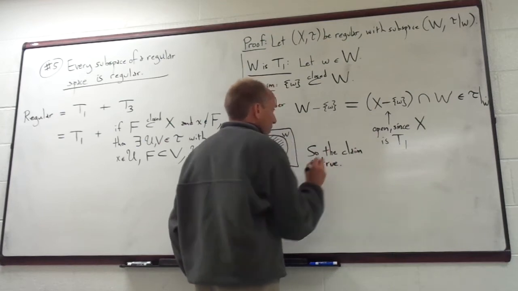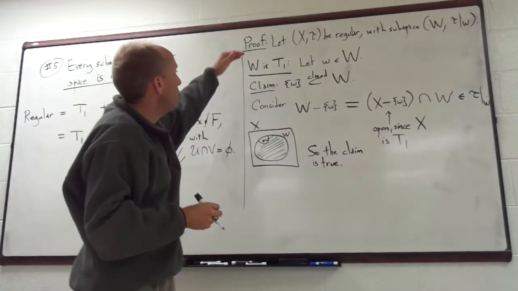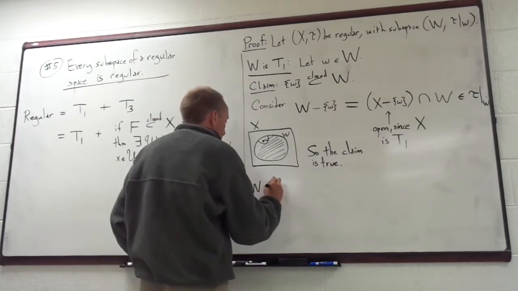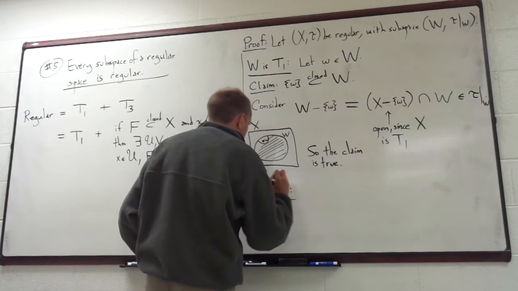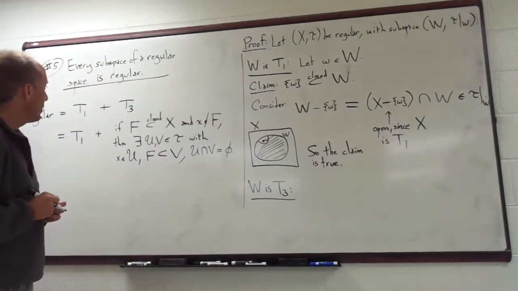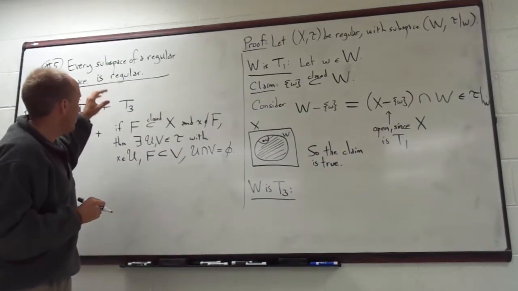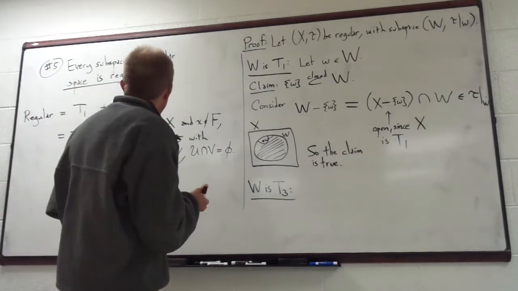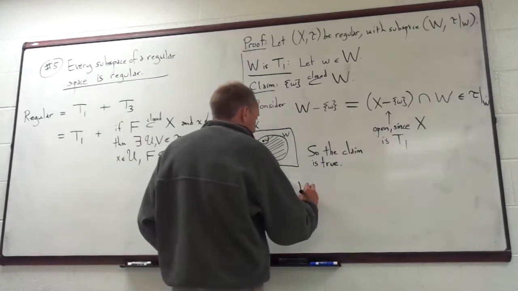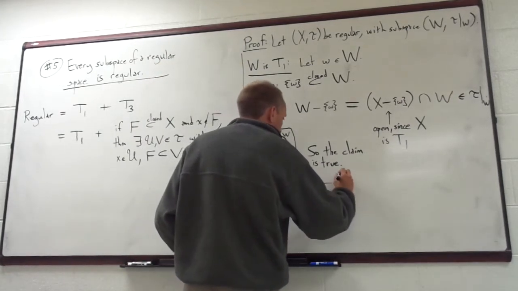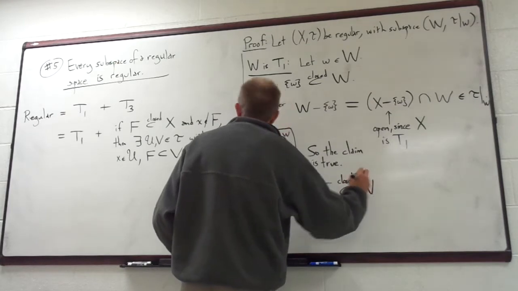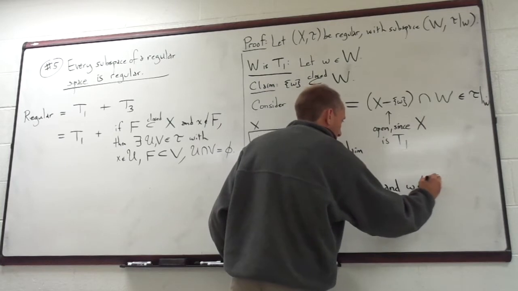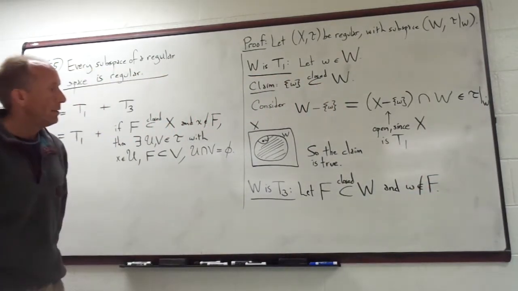Okay, fantastic. So we at least know that W is T1. Now I'm going to try to show that W is T3. The definition of T3 with respect to capital X is here, but of course we have to apply it to W. So what I'm going to do is let capital F be closed in W, and I'm going to take an element, I'm going to call it little w, that's not in capital F. Okay?